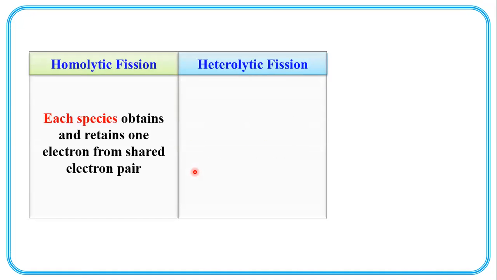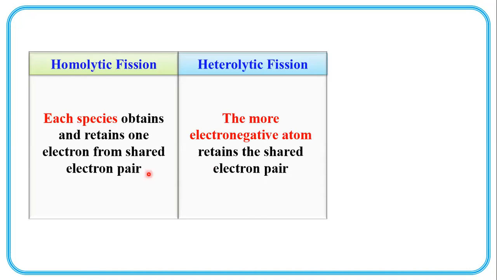Each species retains one electron from the shared electron pair, so both bonded atoms retain one electron each. Here, the more electronegative atom retains the shared electron pair.